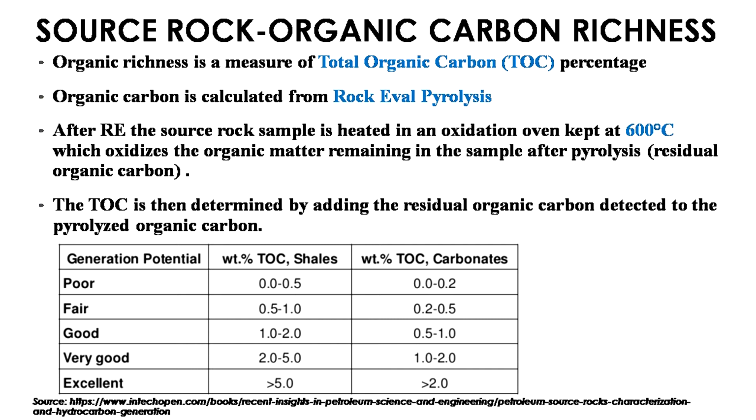On the other hand, if you have more than 5 weight percent of organic carbon in that source rock, you would describe it as a very excellent source rock. So, just by looking at the organic carbon, you can form an idea how good the source rock is, how rich the source rock is, which in turn tells you how much oil or gas can be generated from the source rock if you expose that source rock to the right kind of temperature environment.